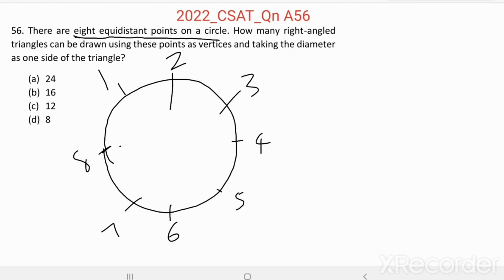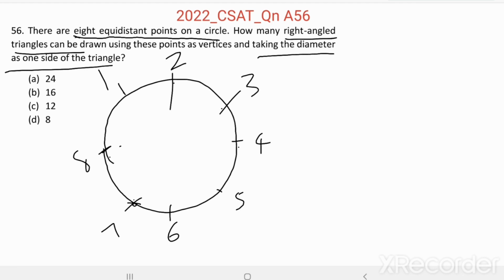Then how many right-angled triangles can be drawn using these points as vertices? And we have to take one side of the triangle as a diameter of this circle.